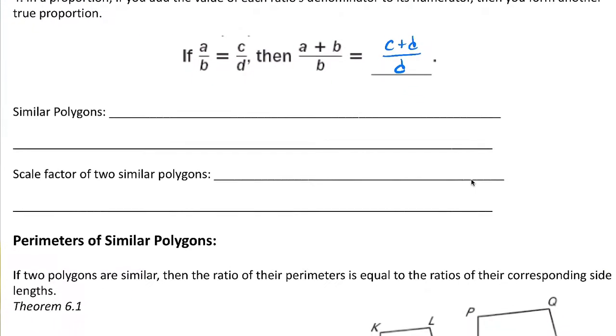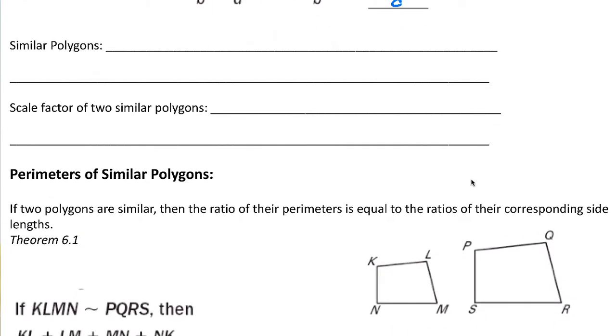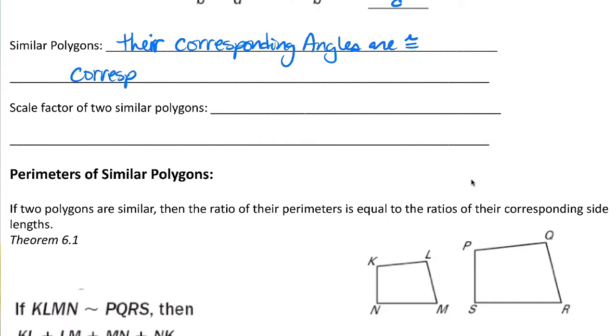So just some different ways you can rewrite proportions. If you have similar polygons, then their corresponding angles will be congruent, and their corresponding sides will be proportional.